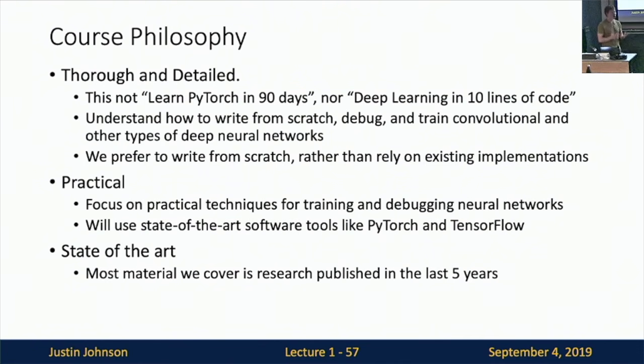That means that there aren't good textbooks for this stuff. That means that there might not be great resources outside of original research papers for learning about this stuff. So that's going to be maybe a bit of a struggle and a bit challenging. But on the upside, I think it's really exciting to be learning about such state-of-the-art material in a classroom setting.